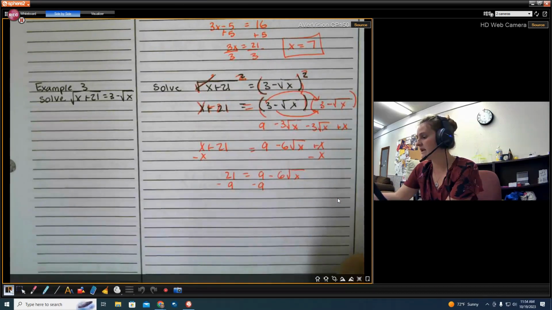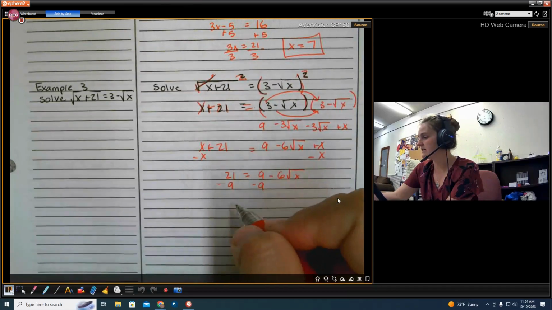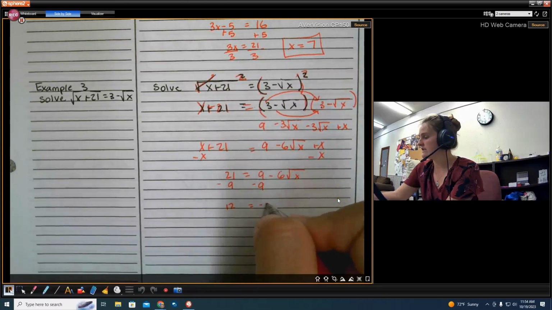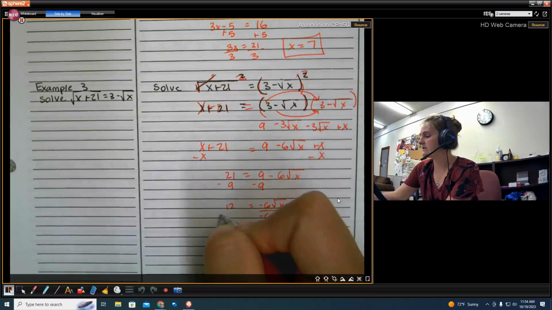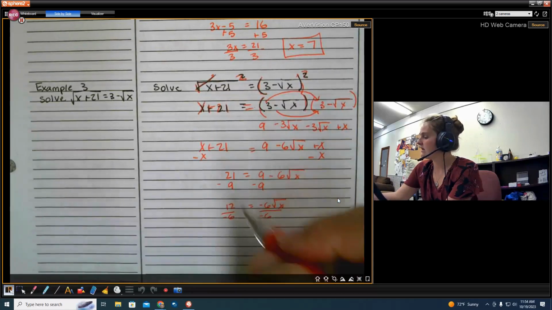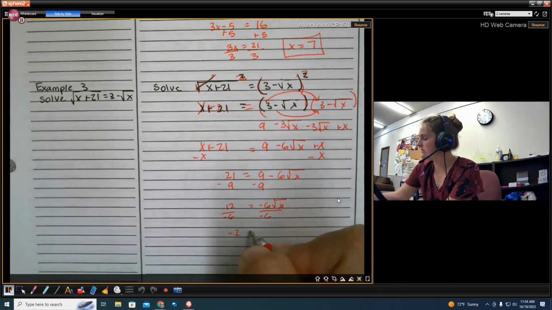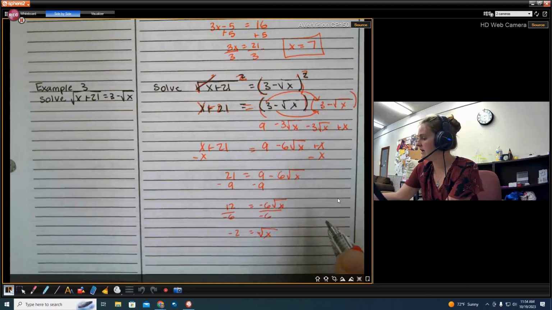So 21 minus 9 is 12, which equals negative 6 square root of x. I'm going to divide by that negative 6. So this is going to equal negative 2 equals the square root of x.